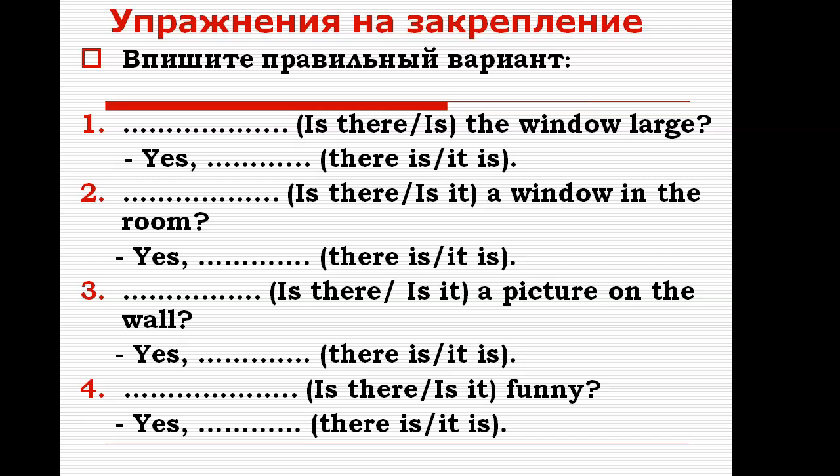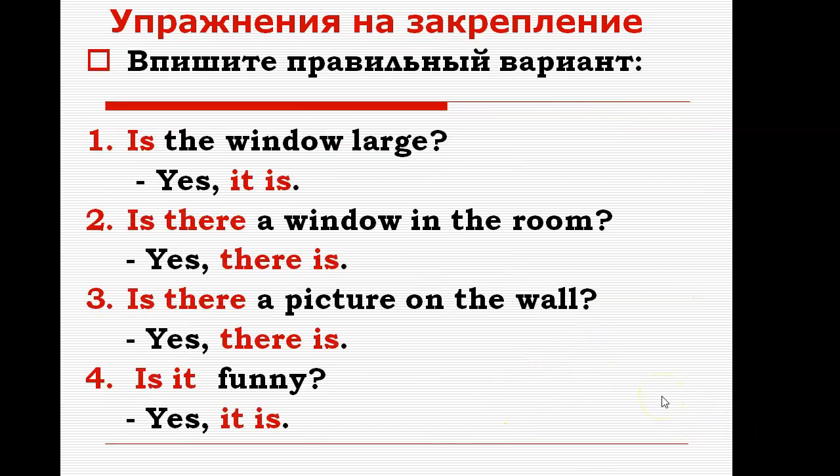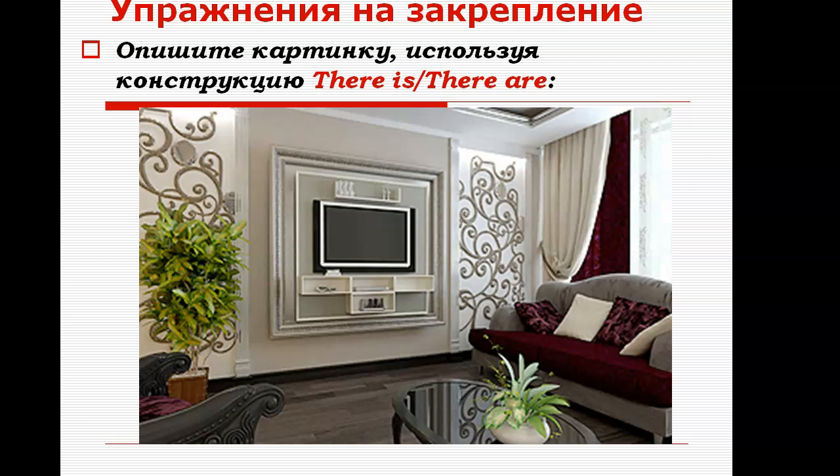So: Is the window large? Yes, it is. Is there a window in the room? Yes, there is. Is there a picture on the wall? Yes, there is. And is it funny? Yes, it is.